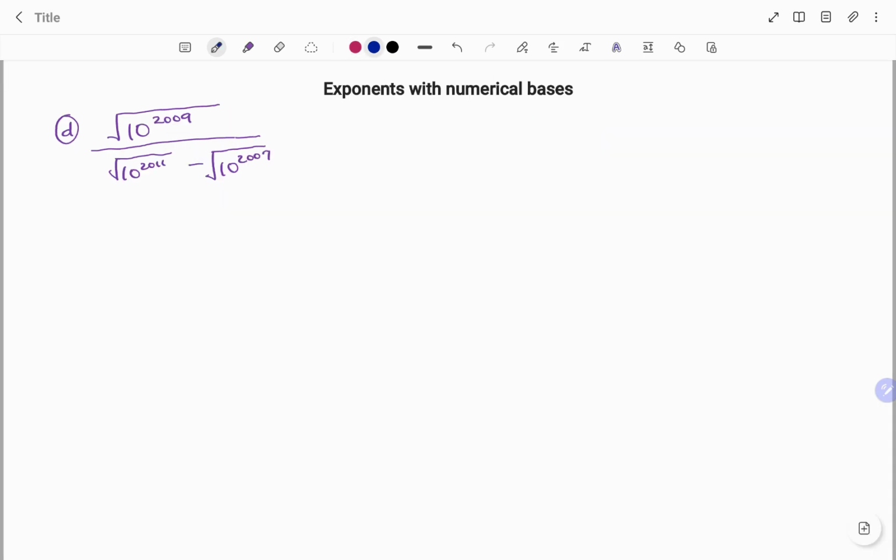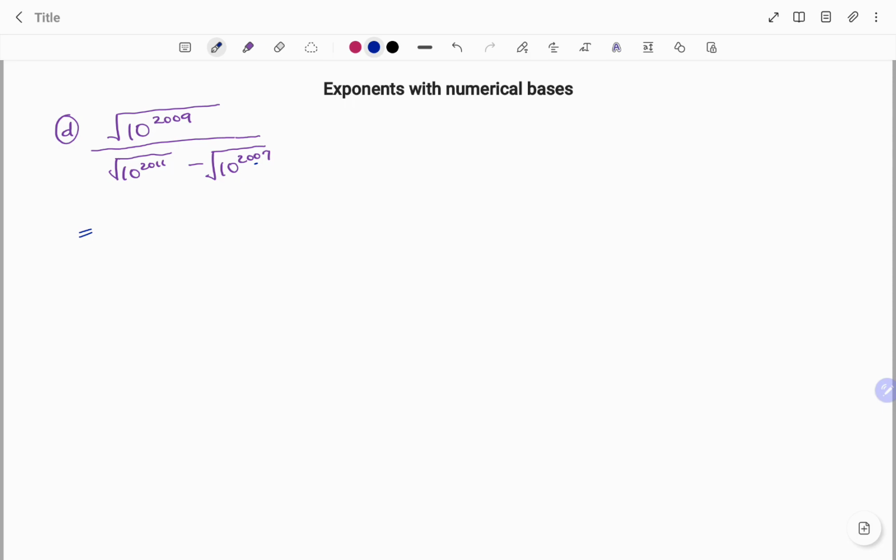In my last example, I have square root of 10 to the power of 2009, all divided by root of 10 to the power of 2011 minus root of 10 to the power of 2007. I'm going to be using the smallest power to factorize, and that's 2007.